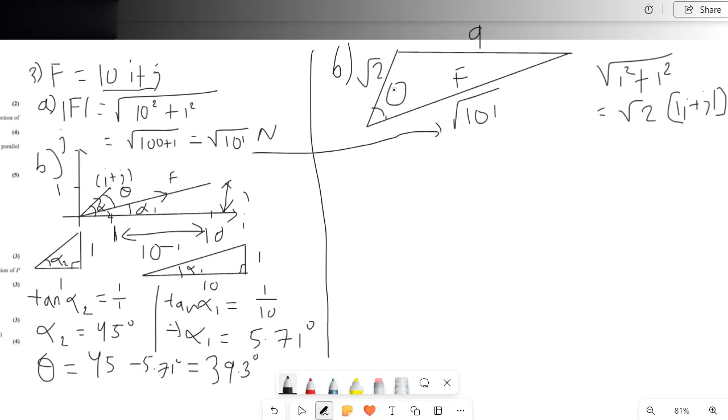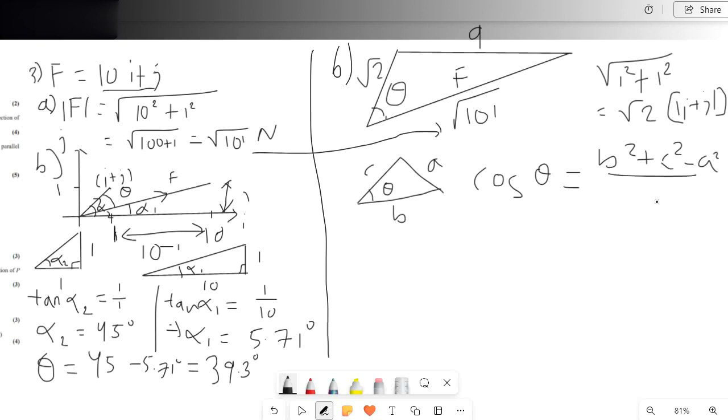So because this is theta, we can say that in a triangle ABC, if this is theta and if this is A, B and C, then we know the formula for the cosine rule, where cos theta is equal to B squared plus C squared minus A squared, all divided by 2 multiplied by BC.